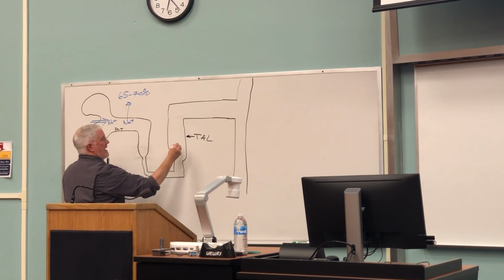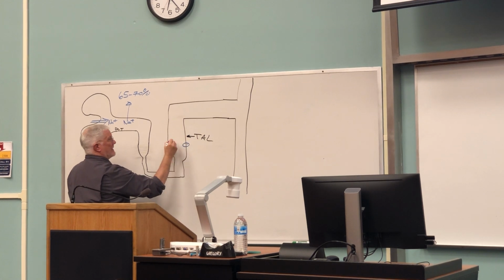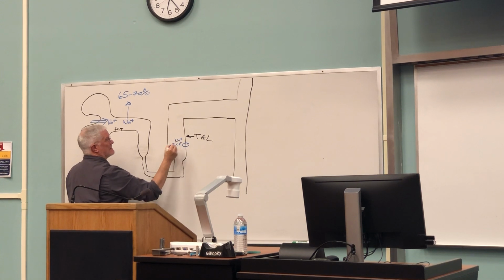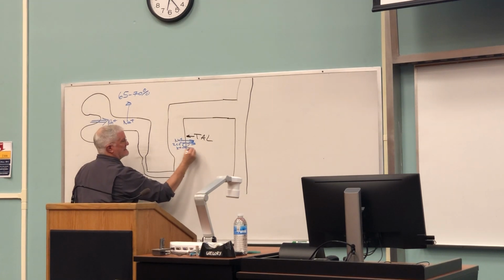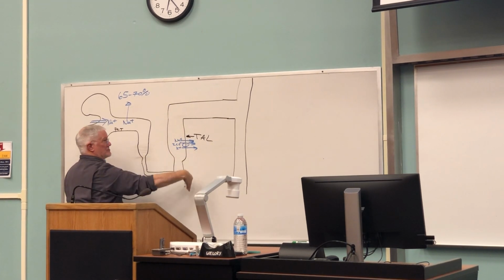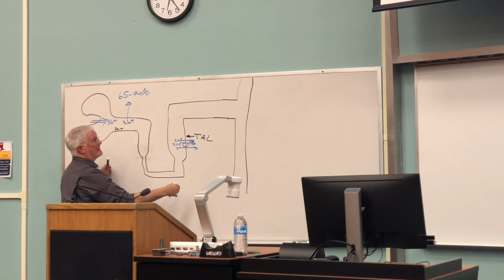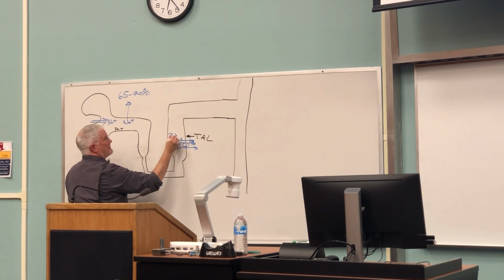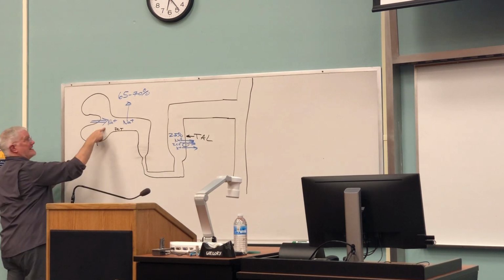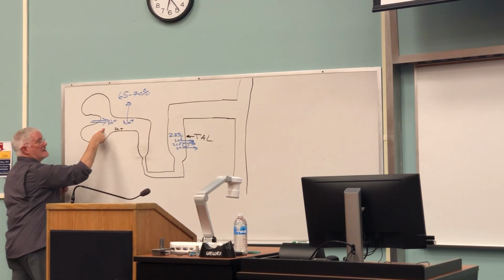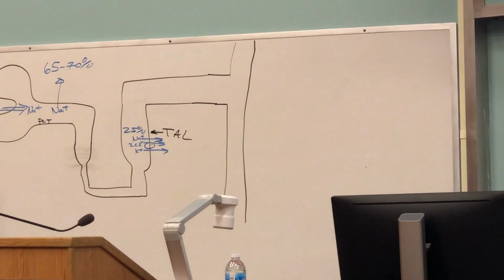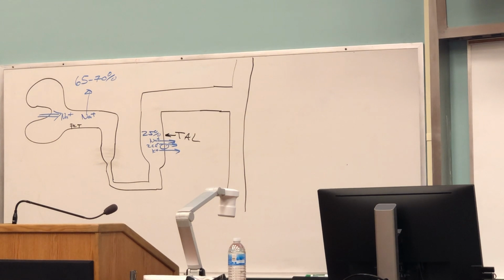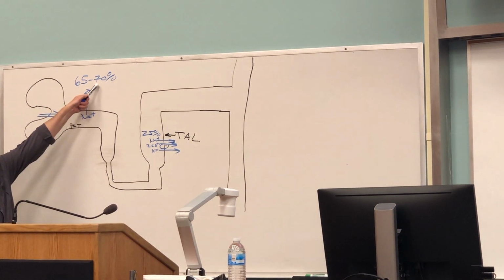We know that it has a transport mechanism where I can take sodium, 2 chlorides, and the potassium, and I can move the sodium, the chlorides, and my potassium into the tissues, which eventually ends up inside my peritubular capillaries. 25% of our sodium, 25% of this initial amount gets reabsorbed in the TAL segment. And I'm close to 95% if I push this to the maximum.